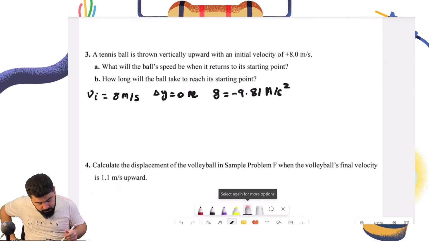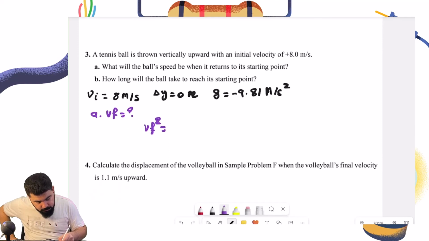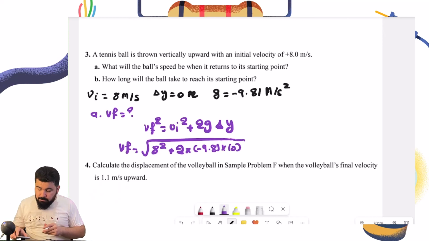Okay, now what will be the ball's speed? So v final is equal to what? You know v final squared is equal to v initial squared plus 2g delta y. So v final is equal to, v initial is 8, so 8 squared plus 2 times 9.81 multiplied by 0. All of this becomes 0 basically.